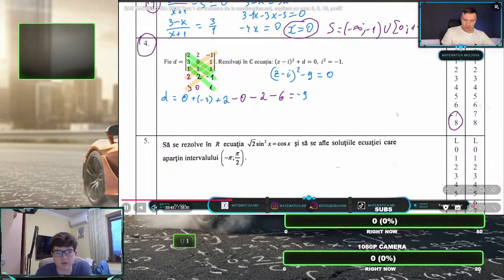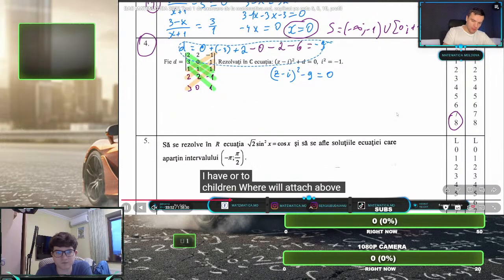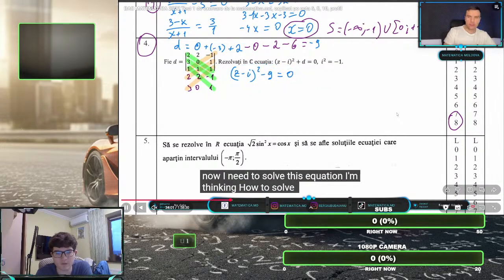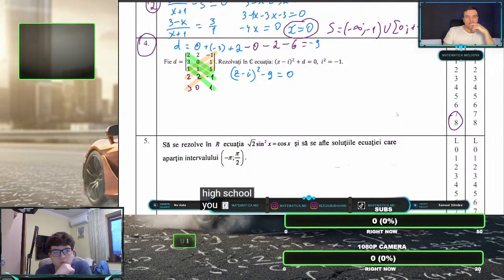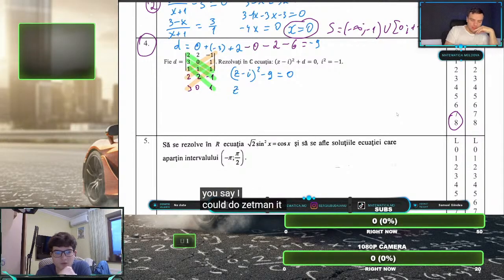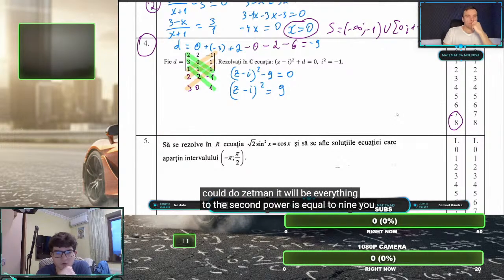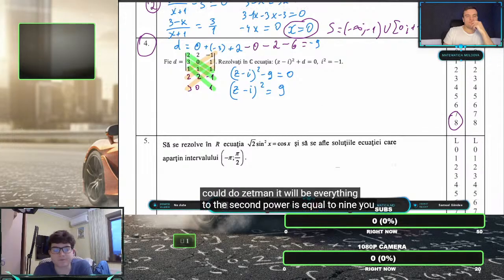Let's see. I think it's going to be some kind of system, like we can find out what z is because we know that i to the second power is minus 1. So we're just going to have to split it, we can just use that formula.